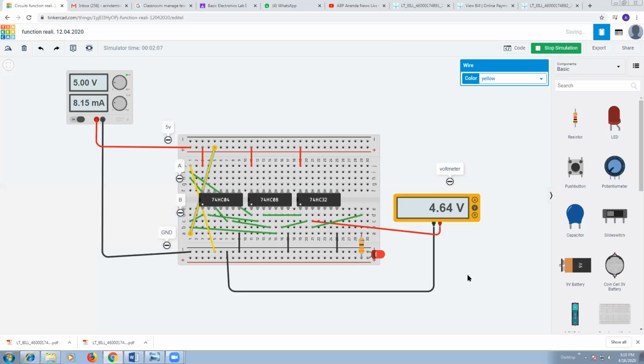It will be discussed afterwards. I will discuss this matter in your common WhatsApp group. If you have any problem related to this circuit, then you can discuss with me.